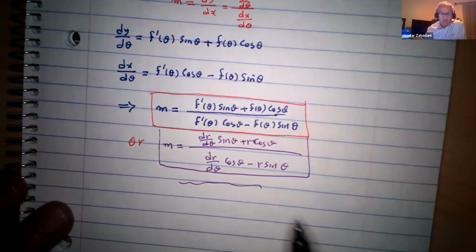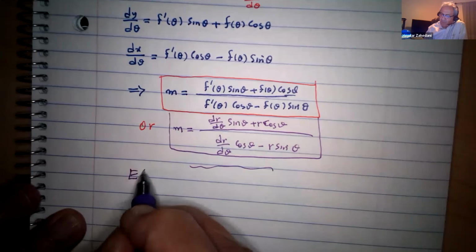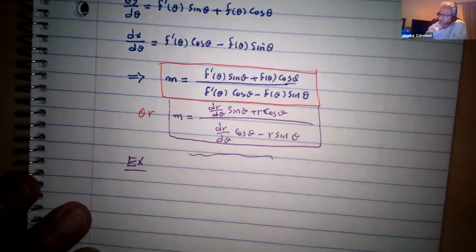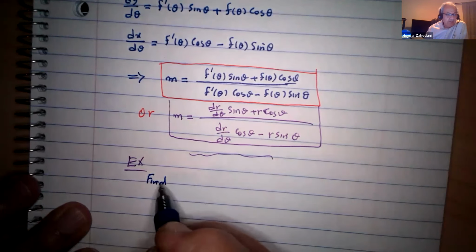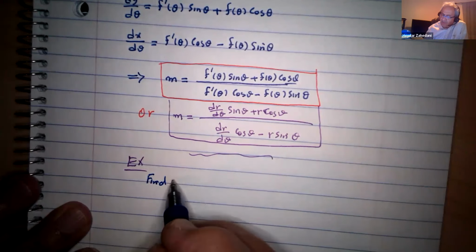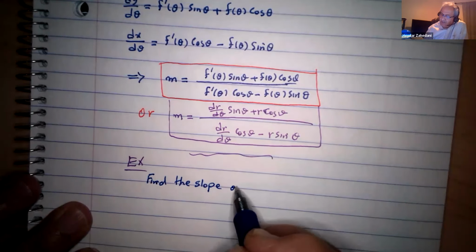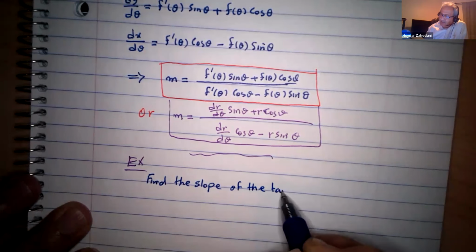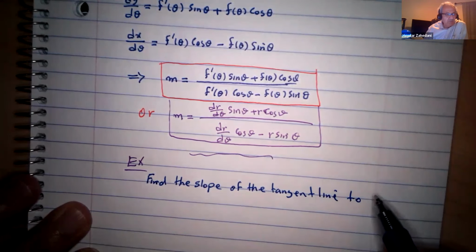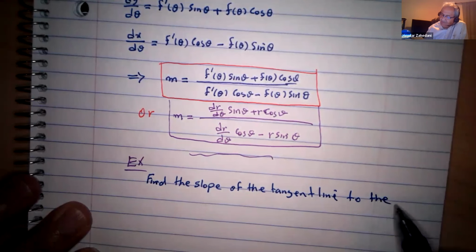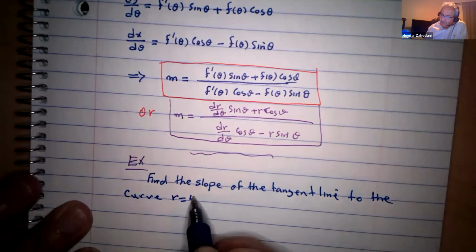So the example is: find the slope of the tangent line to the curve, the graph r equal to 4 cosine of theta, which we talked about the other night.